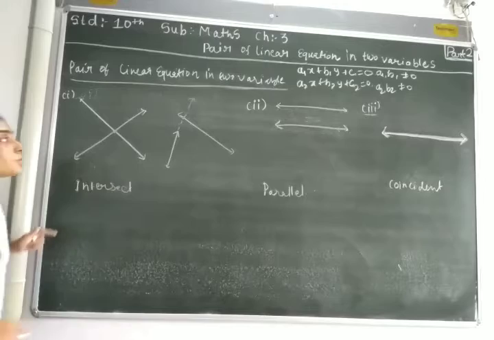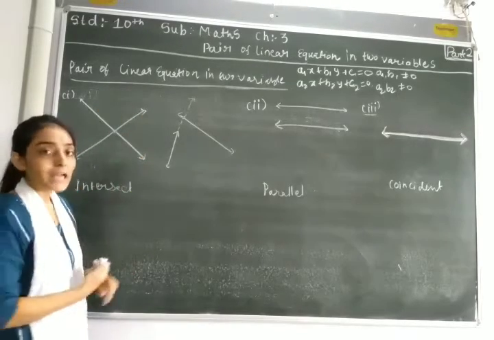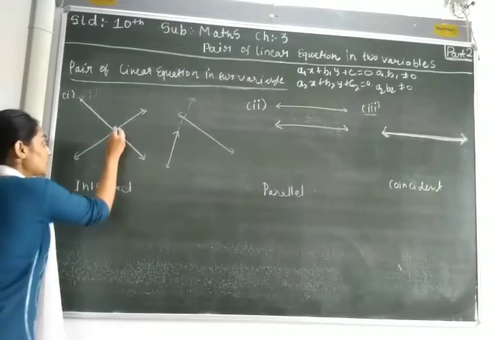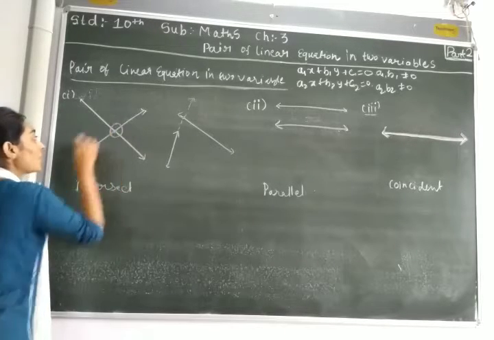When you draw a graph, you find that these two lines intersect. It means they intersect at some point, let me mark it over here.